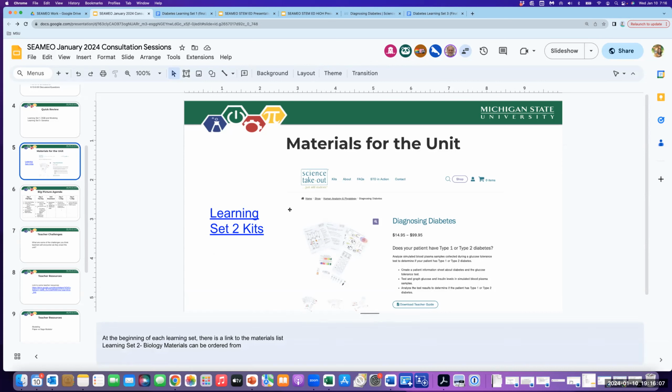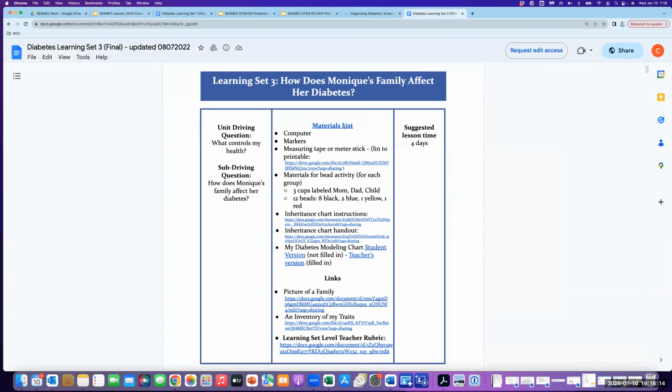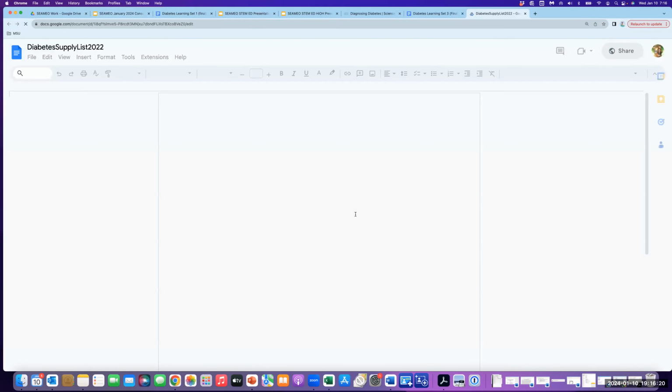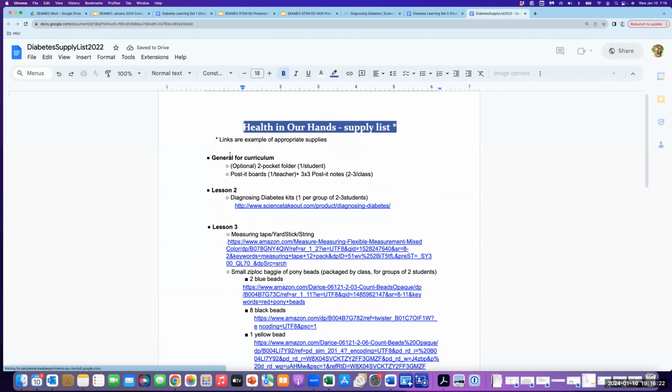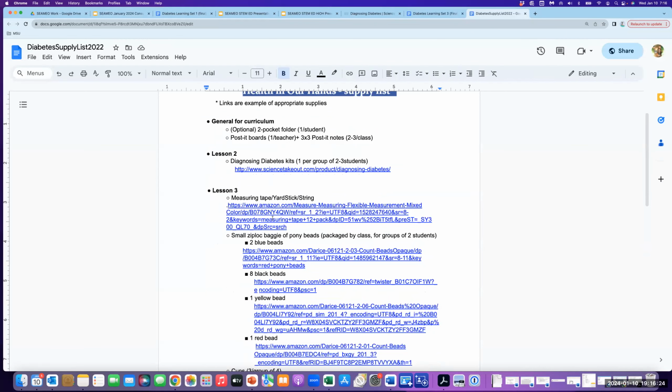I also wanted to remind you that at the beginning of each learning set there's a materials list, and it tells you all of the supplies that you need for each learning set. This should actually say learning set, not lesson. I apologize.